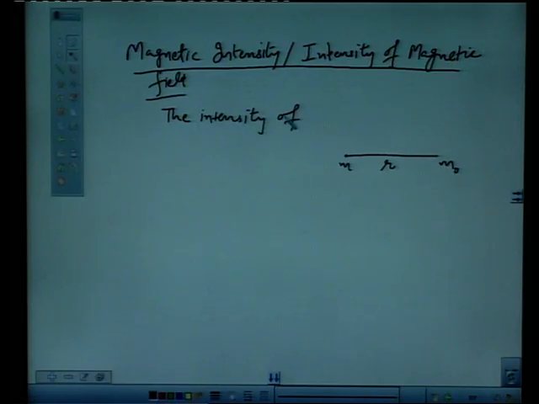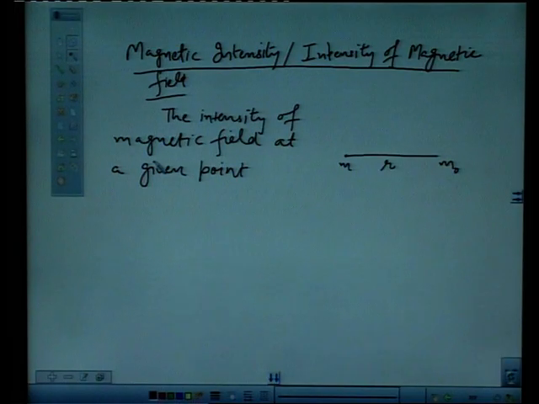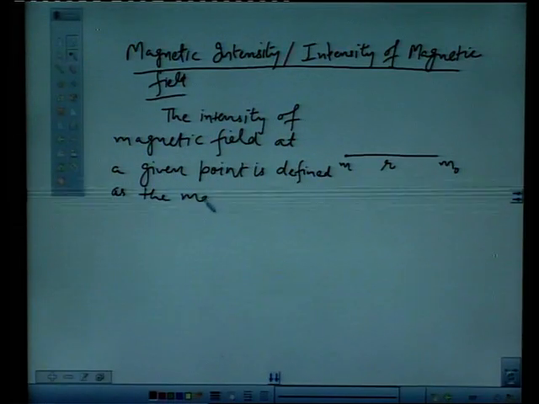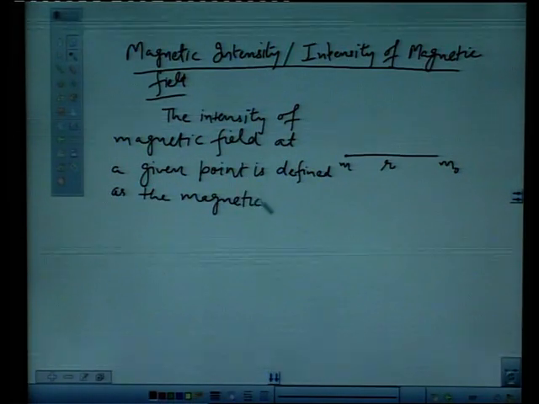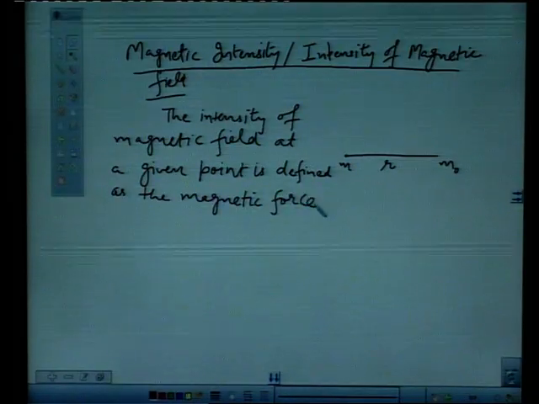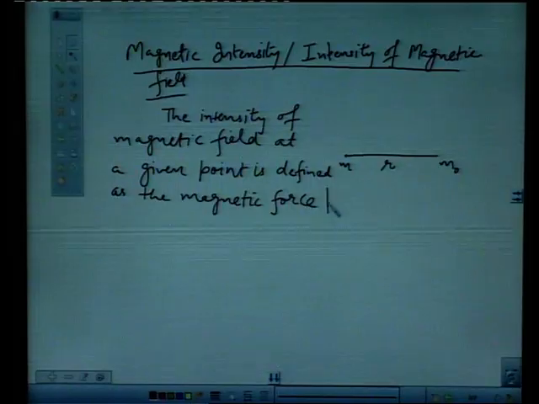of magnetic field at a given point is defined as the magnetic force per unit north pole.